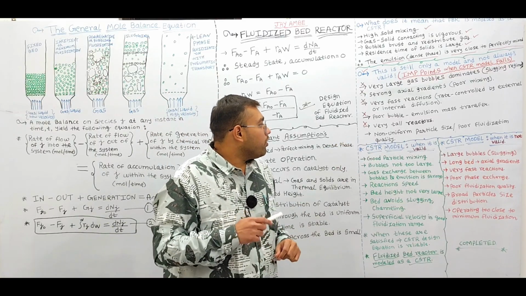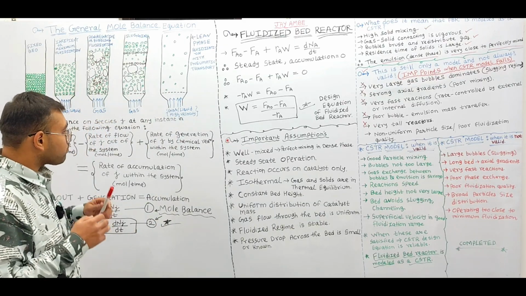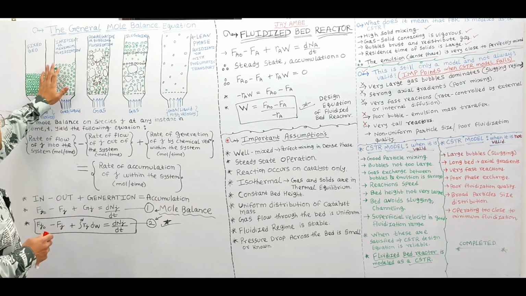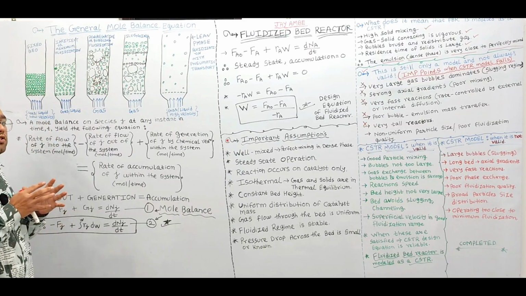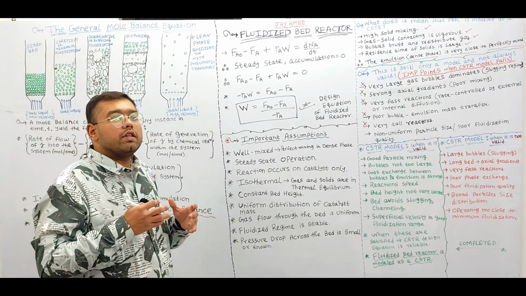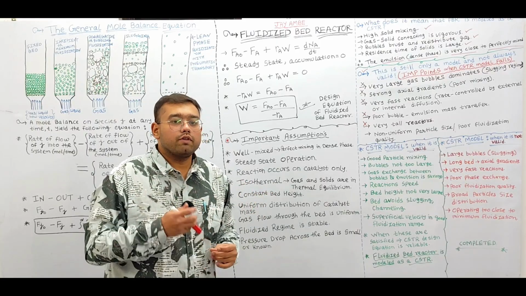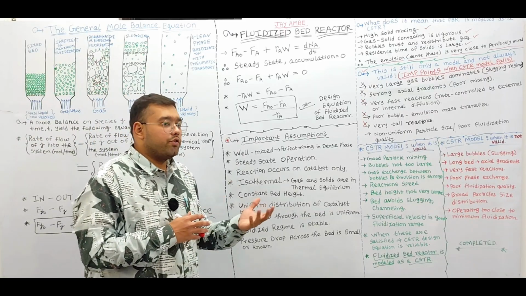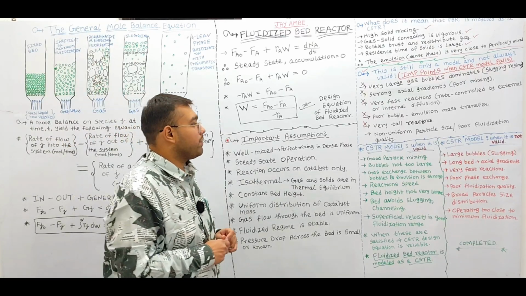The sixth point is non-uniform particle size or poor fluidization quality, which means we should have a uniform distribution of all these solid catalyst particles in the fluidized bed reactor, right? If we are not ensuring the uniform distribution of the solid catalyst particles, and there is channeling, bypassing, dead zones or agglomeration of the solid catalyst particles, it will result in a non-uniform particle size distribution throughout the emulsion phase of the fluidized bed reactor.